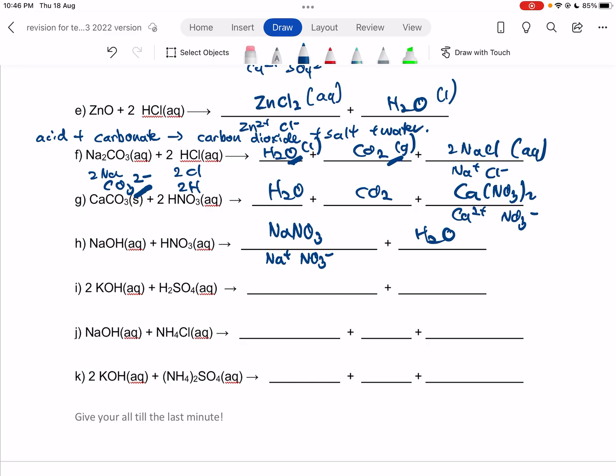Next thing is also acid and alkali. In this case the first one, the cation, comes from the base, always.